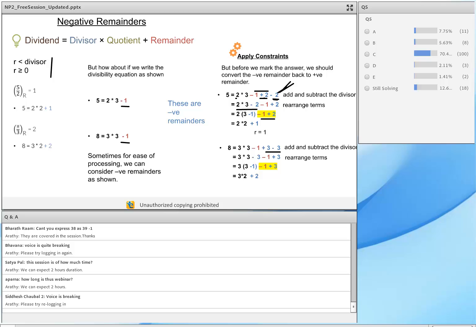So the key thing you have to remember, and you're going to see this come up often, is that your positive remainder is the negative remainder plus the divisor. If you want to express something as a negative remainder and get the actual remainder, you just add the divisor to it, and that is your positive remainder overall.